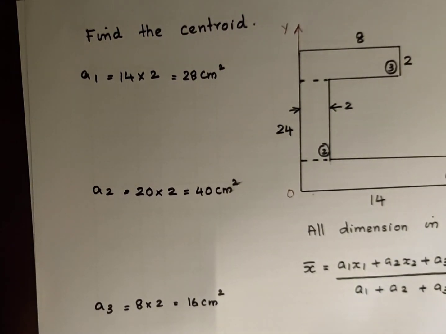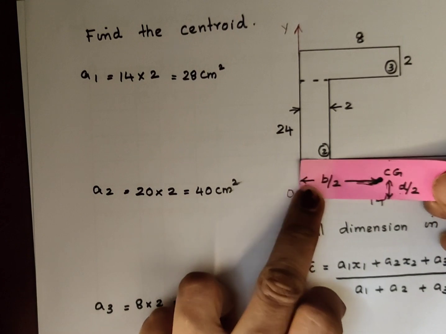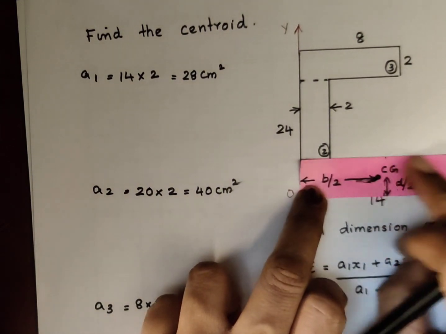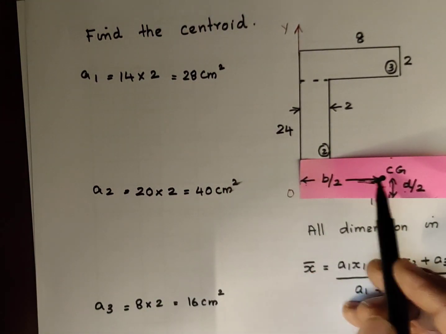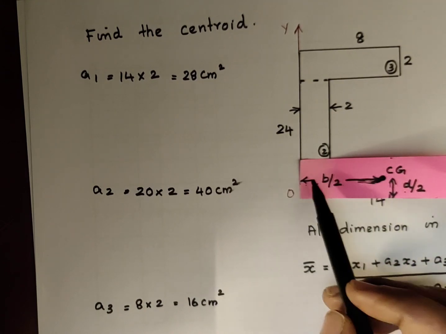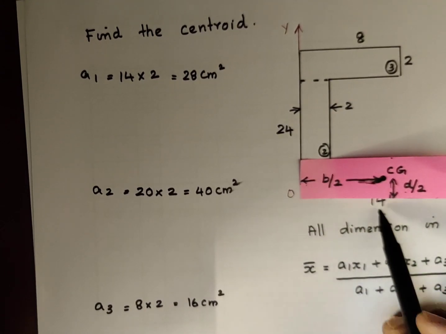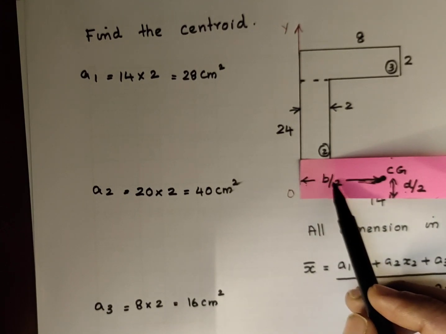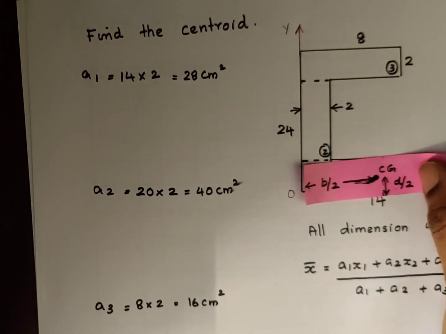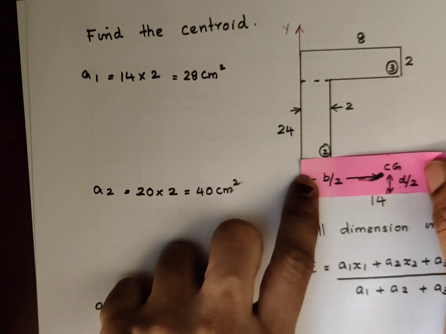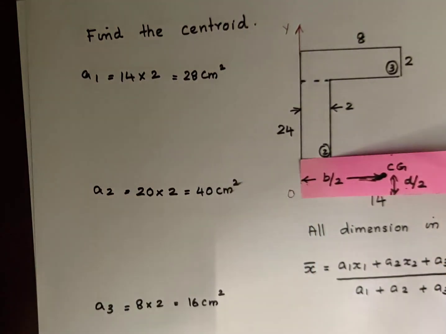So now the next step is you have to calculate x1, x2 and x3. You have to measure the distance of the centroid from the reference axis to get x1. So this width is equal to 14, that by 2, 14 by 2, that is equal to 7.